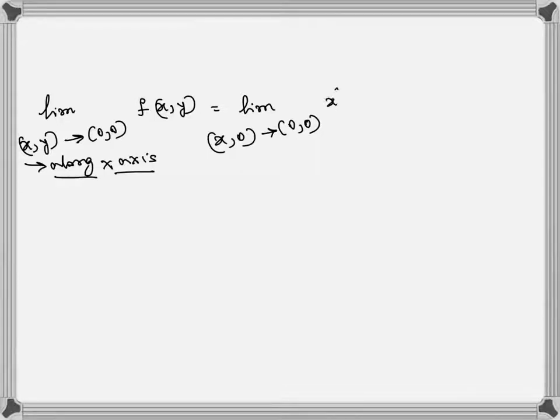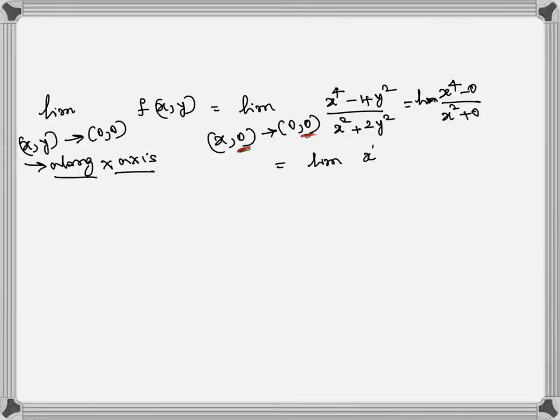If you consider the function (x^4 − 4y^2) over (x^2 + 2y^2) and plug in y equal to 0, it becomes x^4 − 0 over x^2 + 2 times 0, which is x^2.